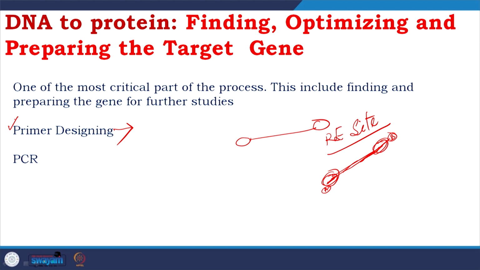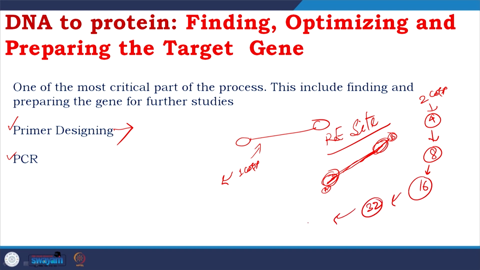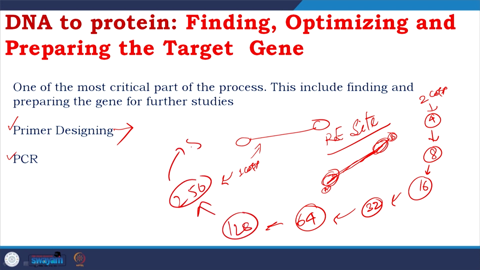Then after designing the primer, you will do PCR. By PCR, one copy of your gene goes to 2 copies, 4, 8, 16, 32, 64, 128, 256, 512, 1024.